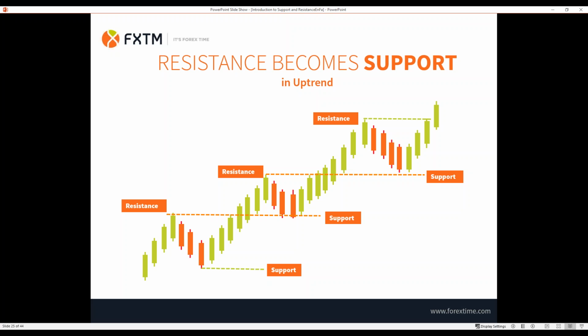Next question by Tejiri. I don't know if I pronounce it correctly. How can you identify that the trend will continue? An uptrend is most likely to continue in the same direction, and a downtrend is most likely to continue in the same direction.